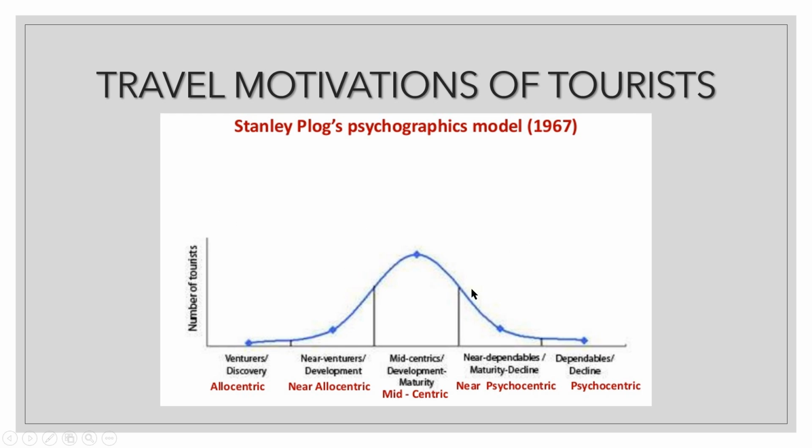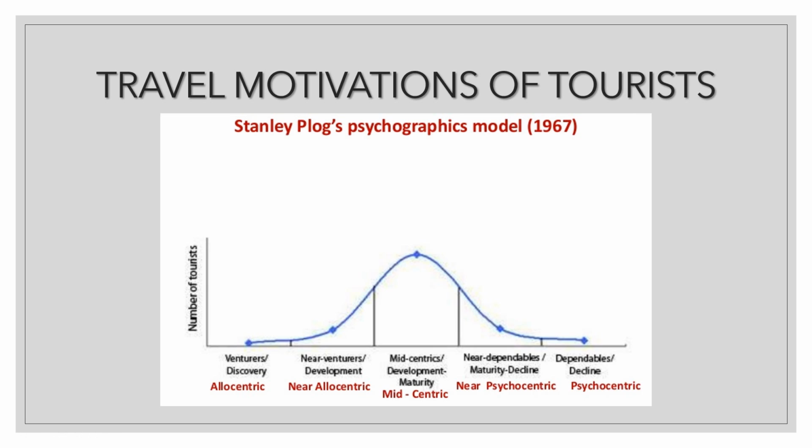And if the destination already experienced mass tourism, meaning it is already in the maturity stage, then most of the people visiting there are mid-centrics, also known as mass tourists. Then next to that level, when the destination is slowly declining, the next tourists that are going to visit there are near psychocentric, and the last stage, which is decline, will be visited by psychocentric.